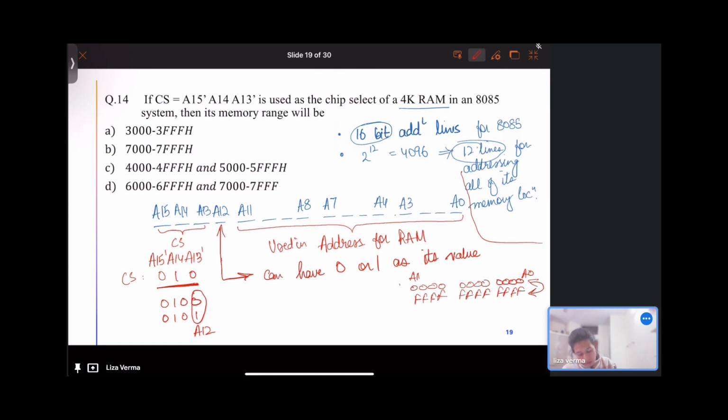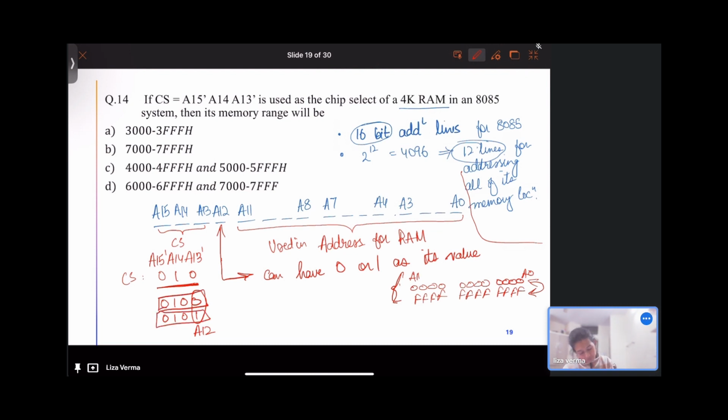So all of these combinations of A0 to A11 can go with either this combination or this combination, right?